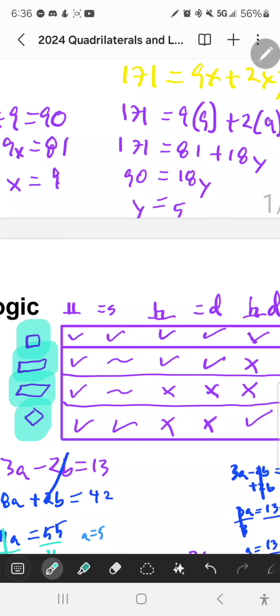So based on that, the rectangle has all the properties that the parallelogram has. These are the only two properties that I have here in the table. There are more. Also, the opposite angles are equal, but in the square as well, in the rectangle as well.